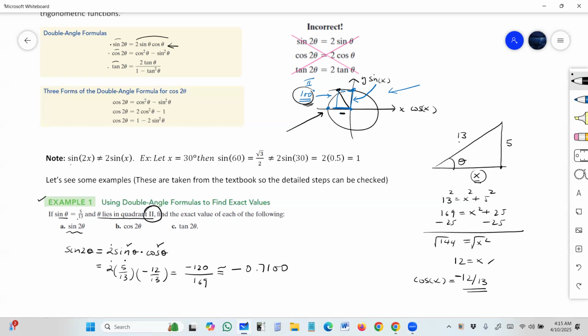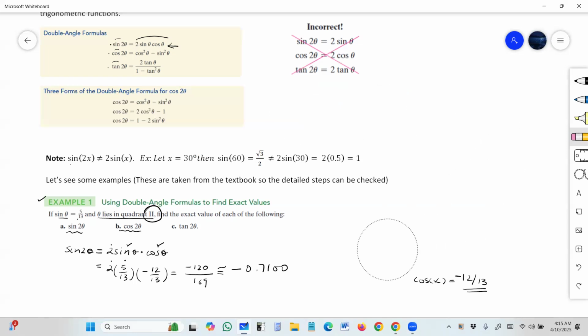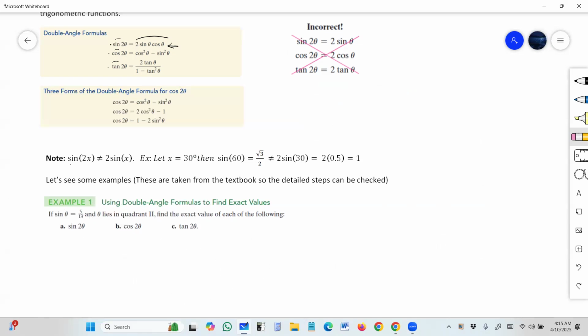All right, let's do the other one, cosine of 2 theta. And then this is where, again, you have to be careful. Remember, right, don't think it's 2 times cosine.